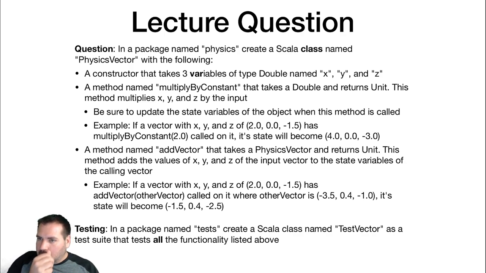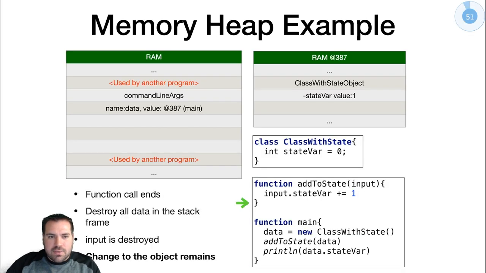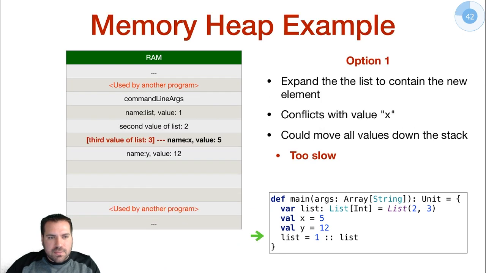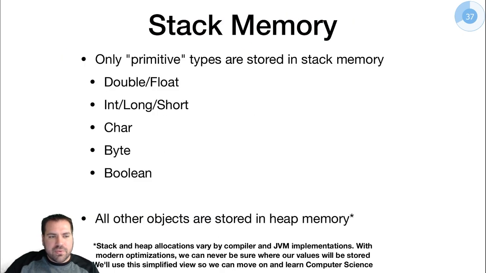So do we need to code and whether to use stack or heap? No, Scala decides automatically. If you're using one of these primitive values, if you're using one of these types in your program, Scala will put it on the stack, and it's going to behave like something that's on the stack.